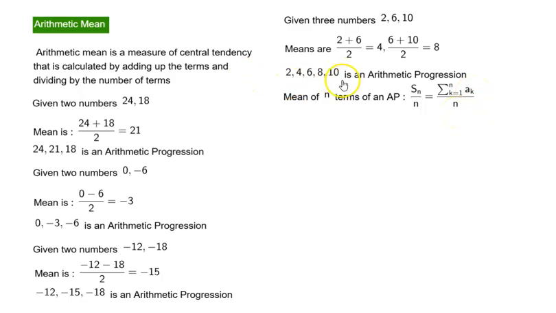If we take this example, the mean is (2 + 4 + 6 + 8 + 10) divided by the number of terms, that is 5, which gives us 6.